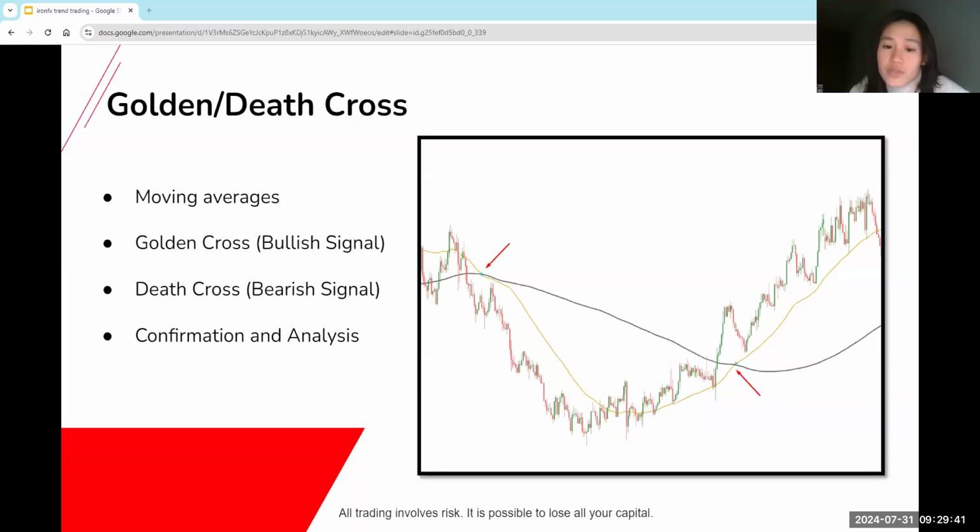Traders often interpret this signal as a potential bearish trend reversal, like we see here, implying that the price may continue to decline, which it did after this. Again, this is pretty similar to our previous indicator about moving averages. We're just calling it death cross and golden cross for your bearish and bullish signals respectively.